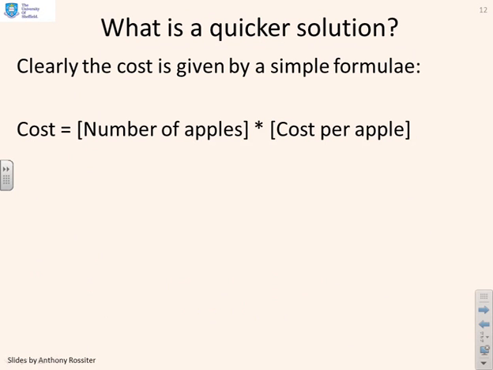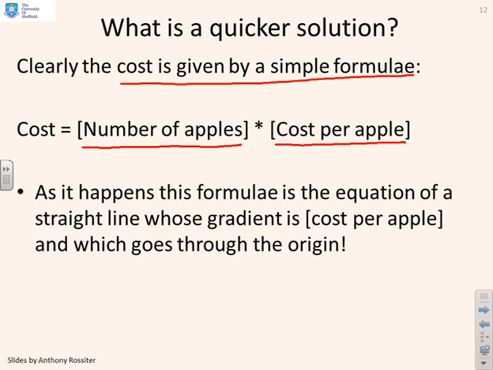Now, why is that useful? We could have said that the cost is given by a very simple formula. Here it is: the number of apples that you've bought multiplied by the cost per apple. Now, as it happens, this formula is the equation of a straight line whose gradient is the cost per apple.